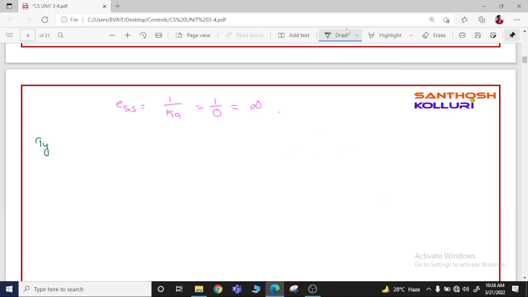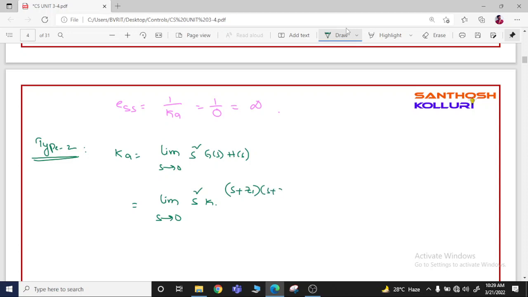Next, for a type 2 system, Ka is equal to limit s tends to 0 of s square G(s) into H(s). For a type 2 system we need to put an s square term in the denominator. So this is (s plus z3) and so on, divided by s square into (s plus p1) into (s plus p2) into (s plus p3) and so on.